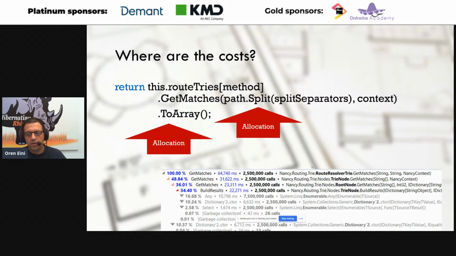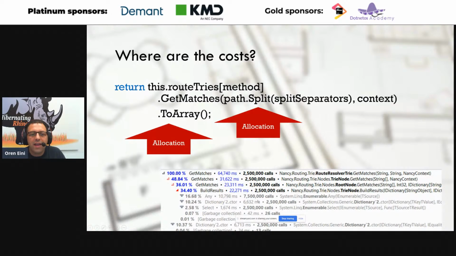And this is from the NancyFX code. I want to show you some things. The path is a string, and this does an allocation. This does an allocation. Let's look at the code. Here is the profiler output. And what you can see here is that I create a dictionary in here. Notice that I'm doing that 2.5 million times.